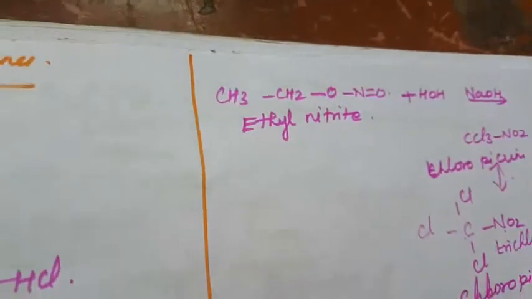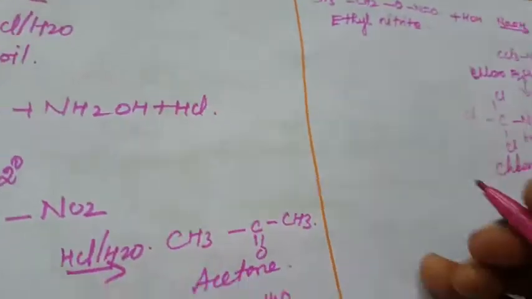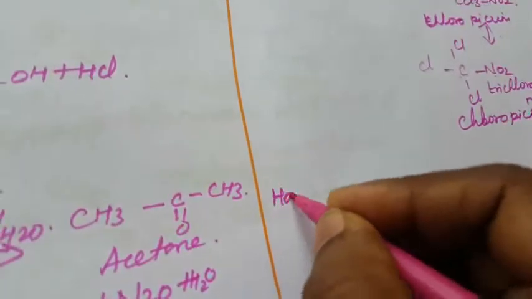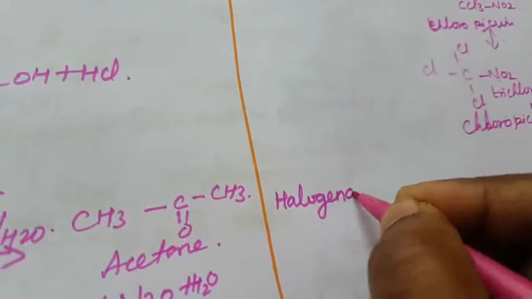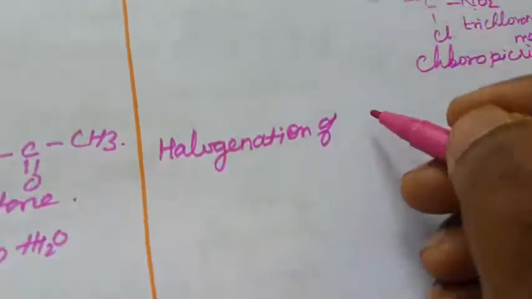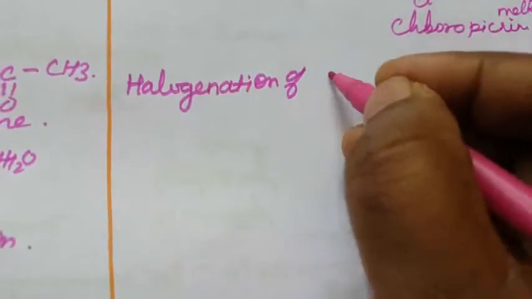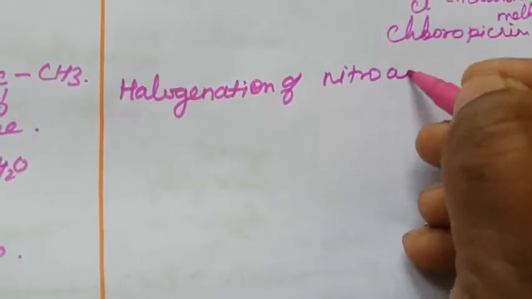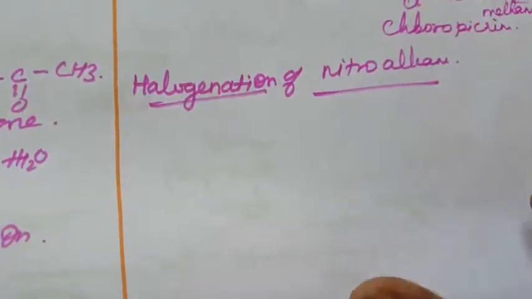So next one is halogenation of nitroalkane. What is meant by halogenation? Halogenation, addition of halogen.